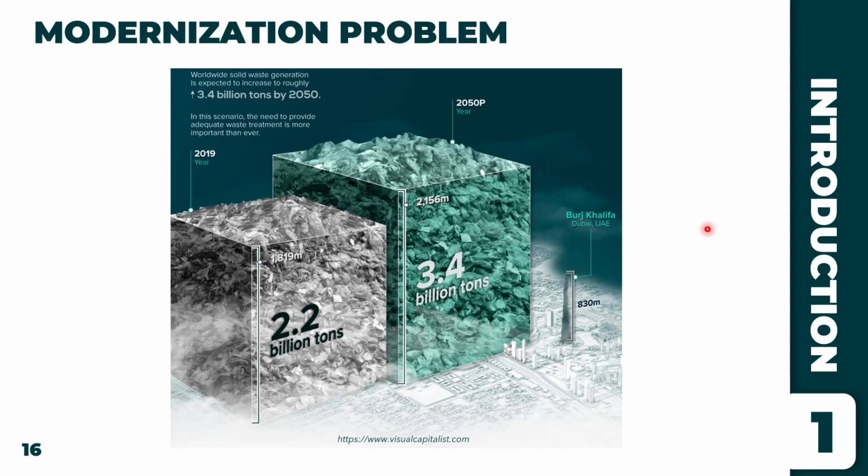In the next part, I would like to share with you the modernization problems, a problem that we are facing right now. Every year on Earth, we produce 2.2 billion tons of solid waste. When we fill it into a cube, it can be two times higher than the Burj Khalifa, the tallest building in the world.